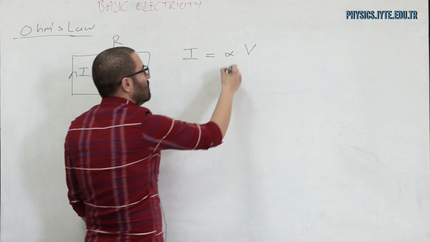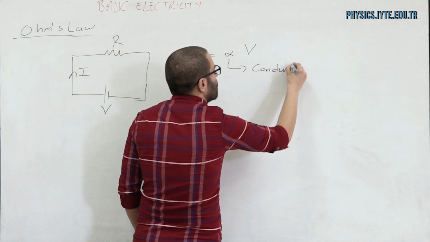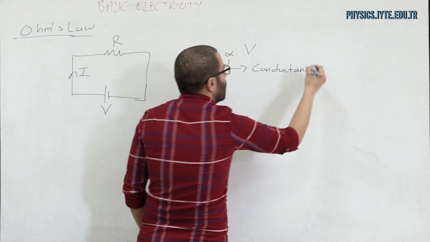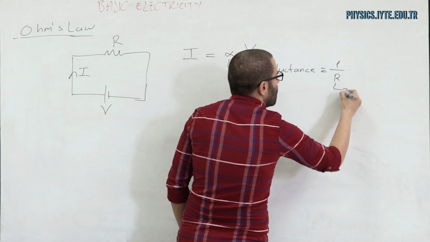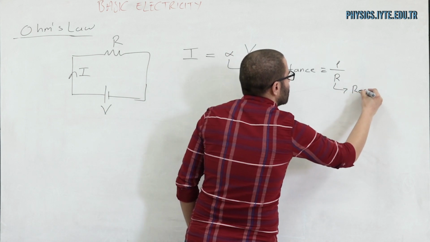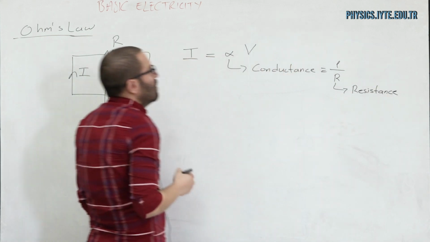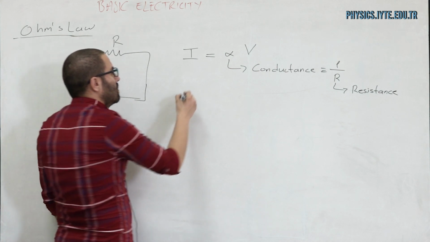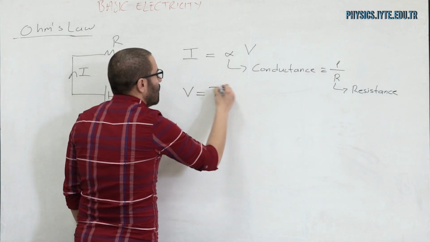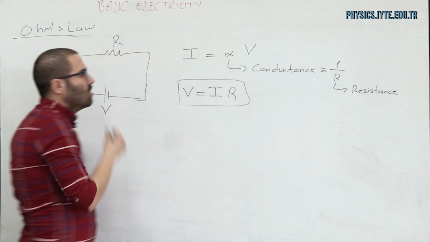Now, this constant is called the conductance, or in other words, 1 over R. This R is defined as the resistance. Putting it back into the equation, we have V equals I times R, which is Ohm's law.